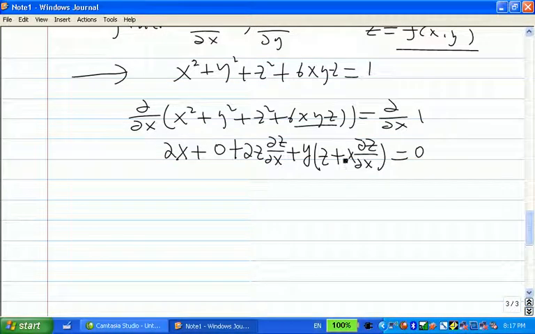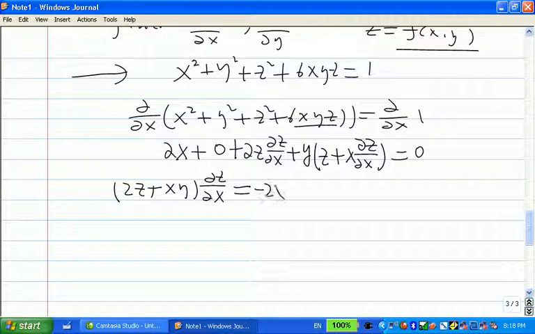Now, in this equation, partial z with respect to x is our unknown. So put all those unknown terms together. We got the coefficient 2z, then plus xy. That's the coefficient for partial z with respect to x. Put the rest of the things which we know on the right hand side.